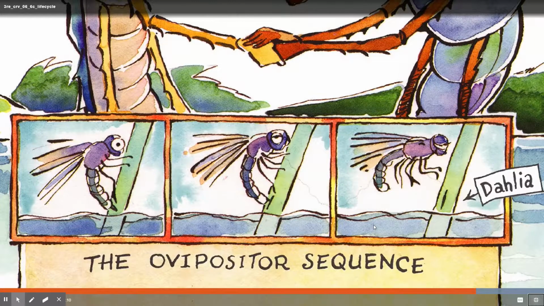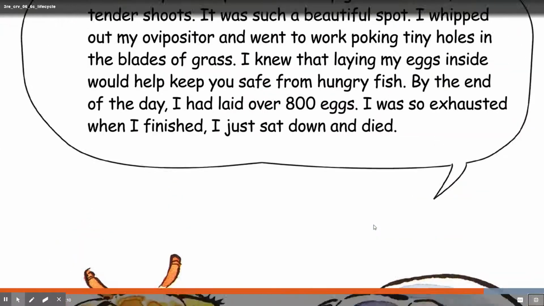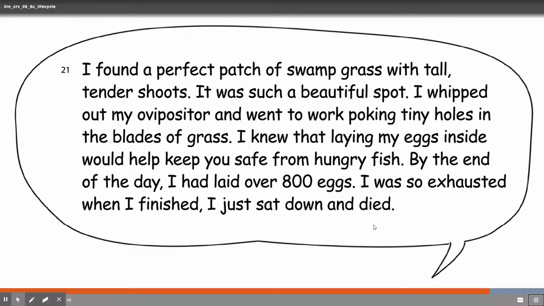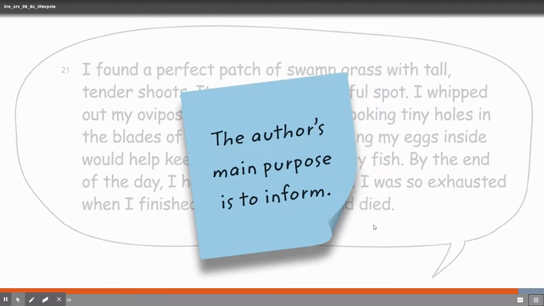So, we were reading all about how Dahlia came into being. What might have been the purpose the author had in mind? Well, the author is giving us information so we can learn about something in nature. Right. In this passage, the author is informing her readers about a natural process of how dragonflies lay eggs. So we could say her purpose was to inform. Good work.